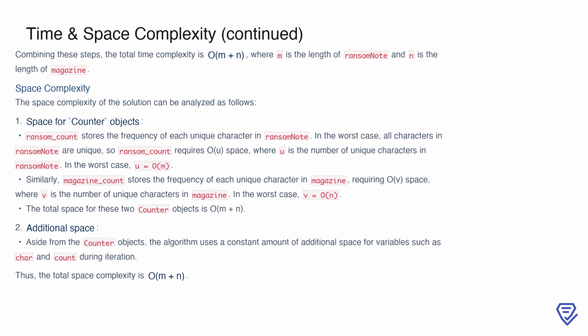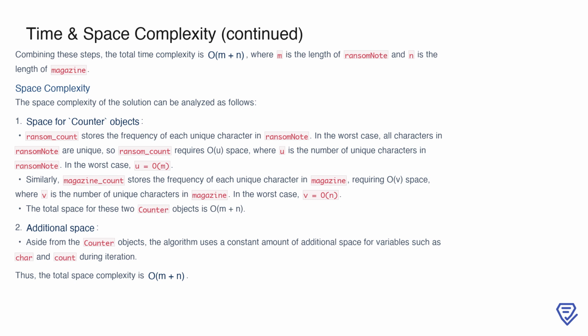Now, let's examine the space complexity. The primary contributors to space usage are the 2 Counter objects, ransom_count and magazine_count. The ransom_count object stores the frequency of each unique character in the ransom note. In the worst case, if all characters in the ransom note are unique, the space required is proportional to the number of unique characters, denoted as U. Here, the worst case is O(m).